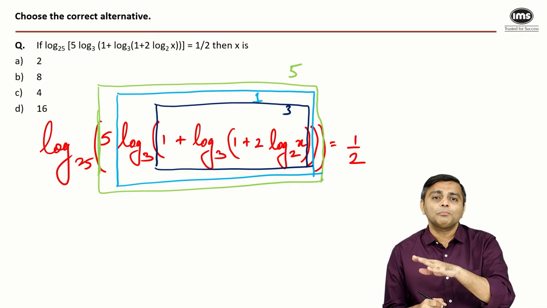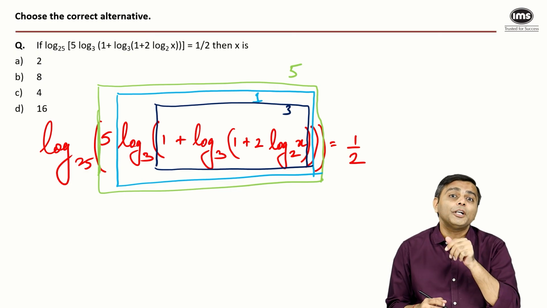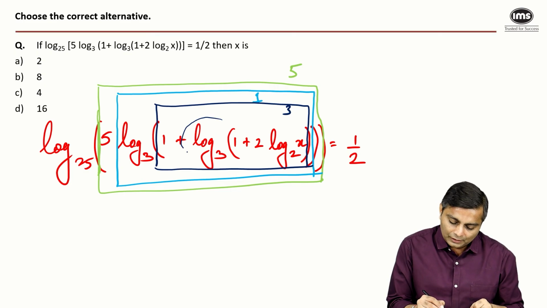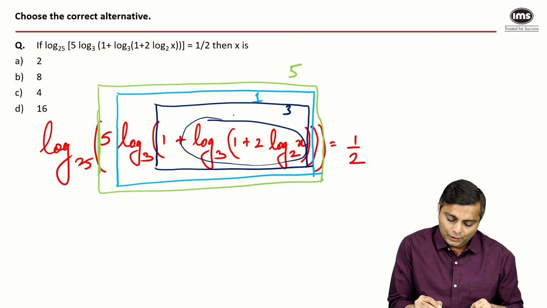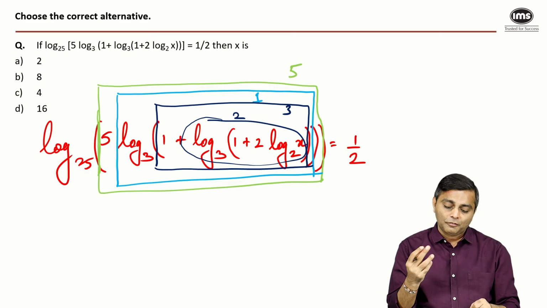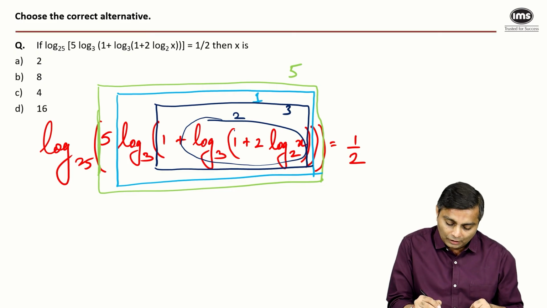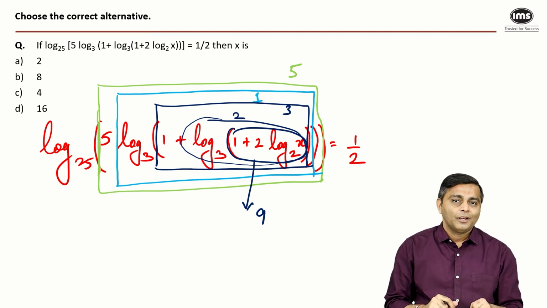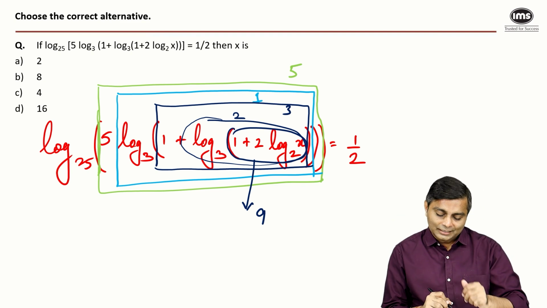So that something again now has to be 2, because the total needs to be 3. Which means this part needs to be 2. And if that part needs to be 2, what will it be? It has to be the inside part, this bit. Let me just write it now outside, has to be 9, because log of 9 to the base 3 will be equal to 2, correct? So that bit has 9.